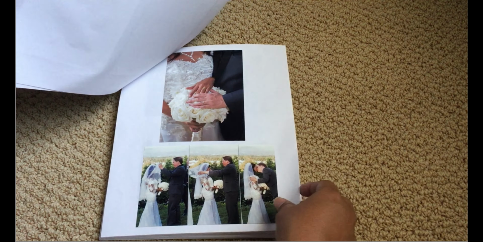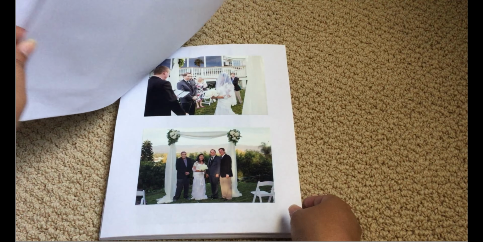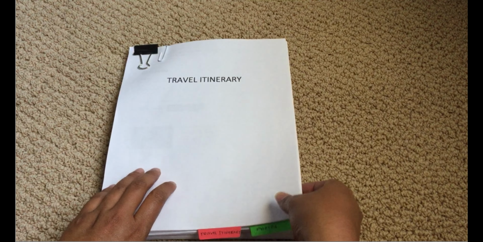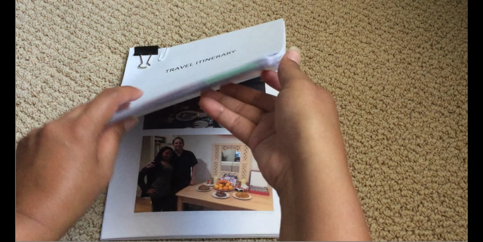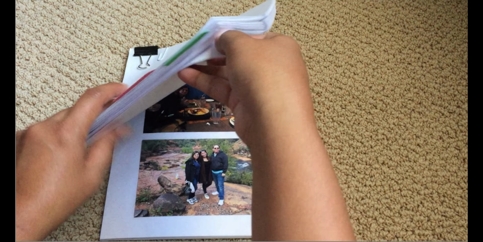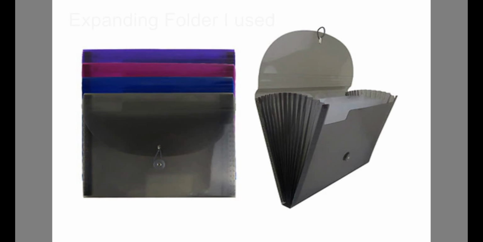We also put a description of when and where the photo was taken and who the people in the photo are. Okay, so this is the clip and this is how thick it is.